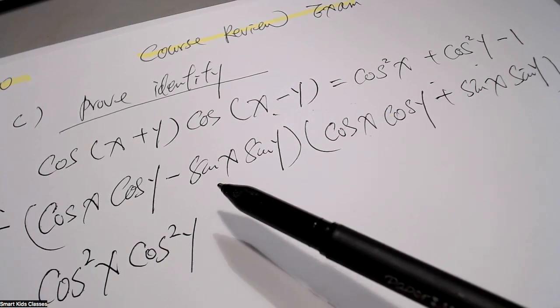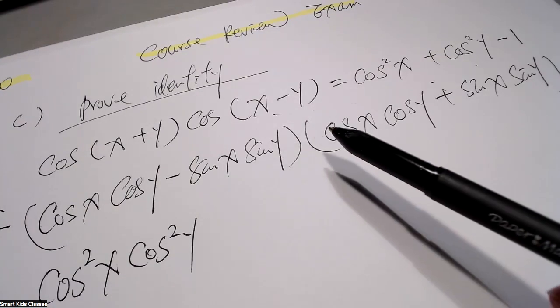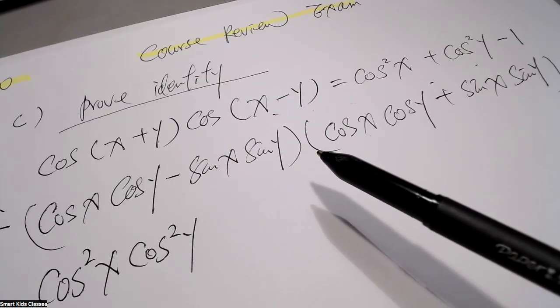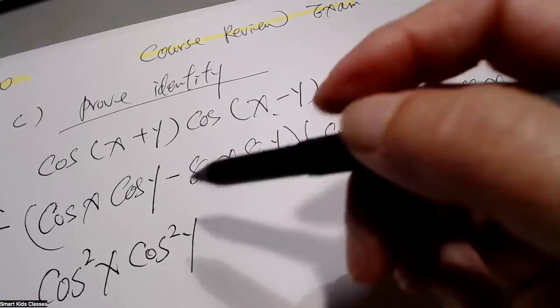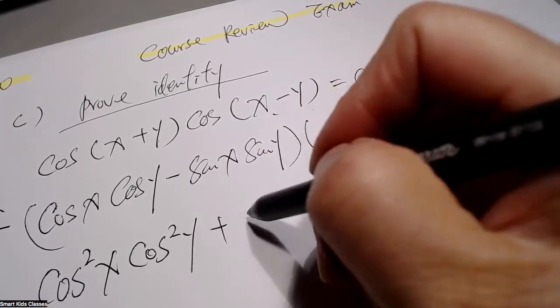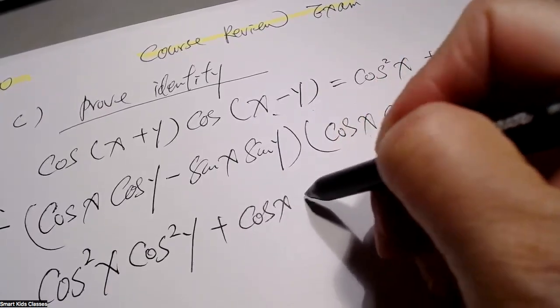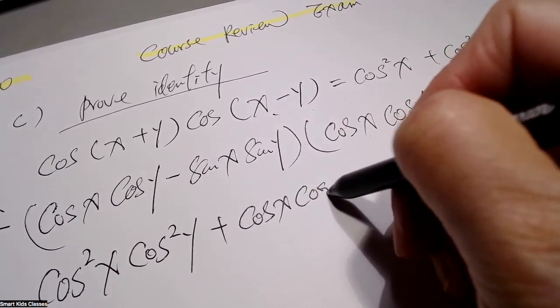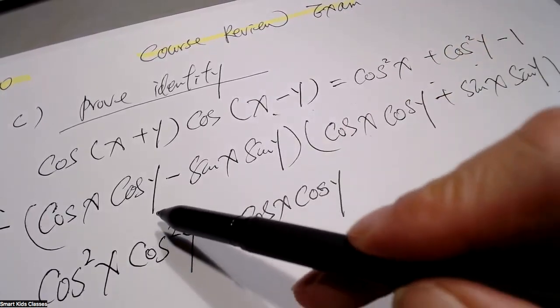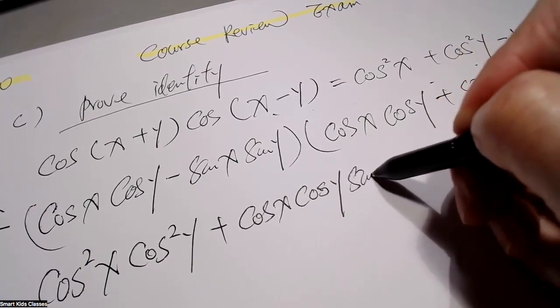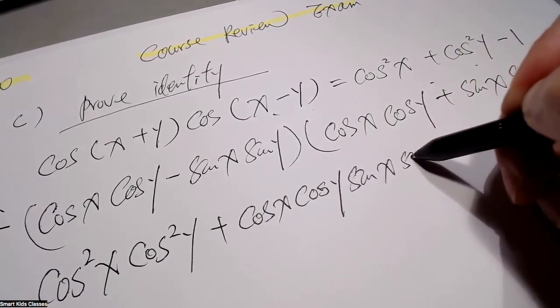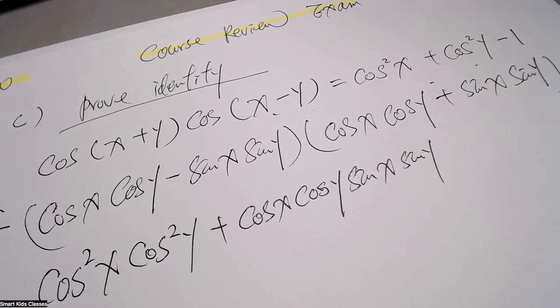The next one, we get a negative, so therefore they cancel each other. But I'm going to write it to show you. So we're going to have a plus cosine x cosine y times the last term, sine x and sine y.